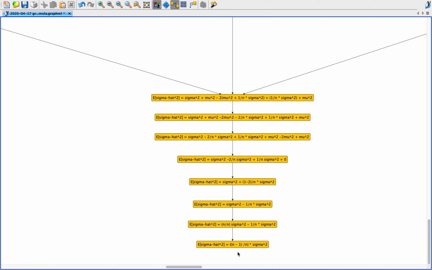If we put n minus 1 in the denominator instead of n, then they will cancel out and equal 1, and our estimator will, in expectation, be equal to sigma squared, our population variance.